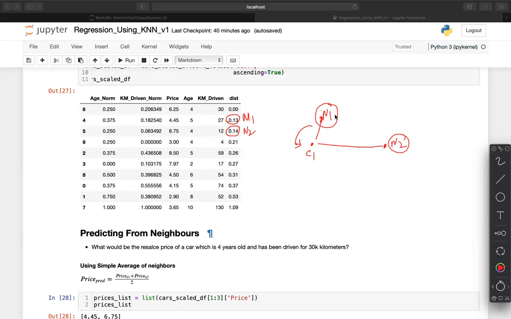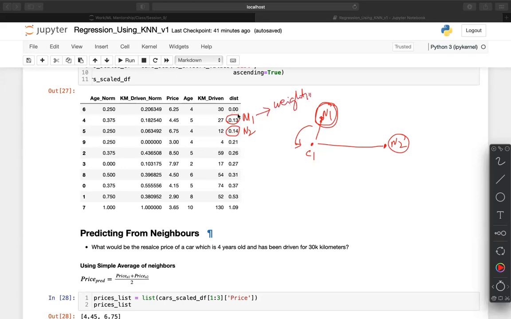We will take the price of both, but we will also take into account which has a larger influence in estimation compared to the other neighbors. So N1 has a higher influence because of the shorter distance, compared to N2, which has a relatively larger distance compared to N1. So we'll convert this distance into something like weights.